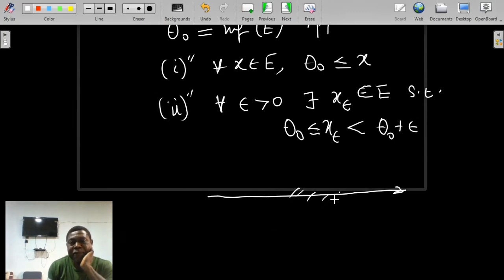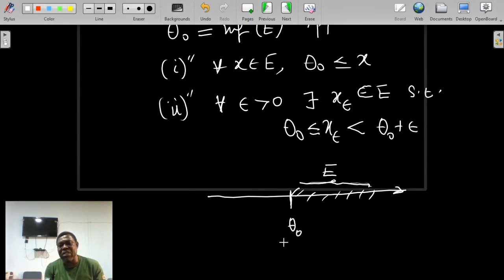Here is the set. Somewhere here is the set, which I assume to be the set E. And theta naught is a lower bound. Theta naught is the infimum.